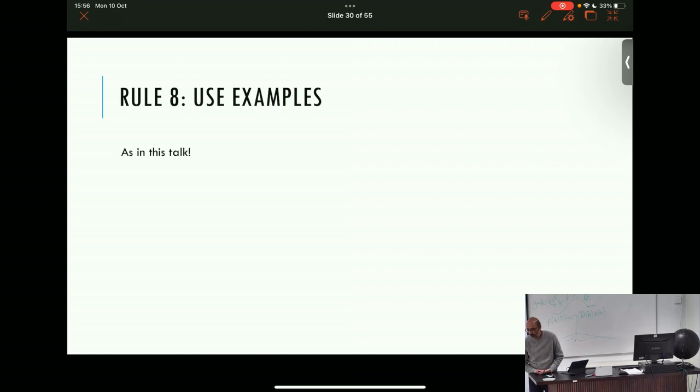Even when you go to abstract math talks, and I've been to a few, the best speakers will start with a toy example and say, okay, let's look at this example, and then here's all the gory math behind it. You want to fix ideas in examples. Like here, I could have told you all of these without any examples. It would be far less effective, in my opinion, than having these examples.